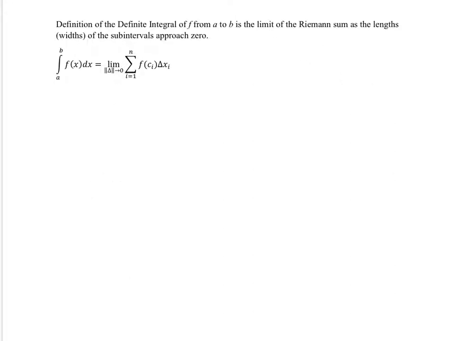So, our definition of the definite integral, we will use that to find the value of the integral from -1 to 2 of 4 minus x squared dx.